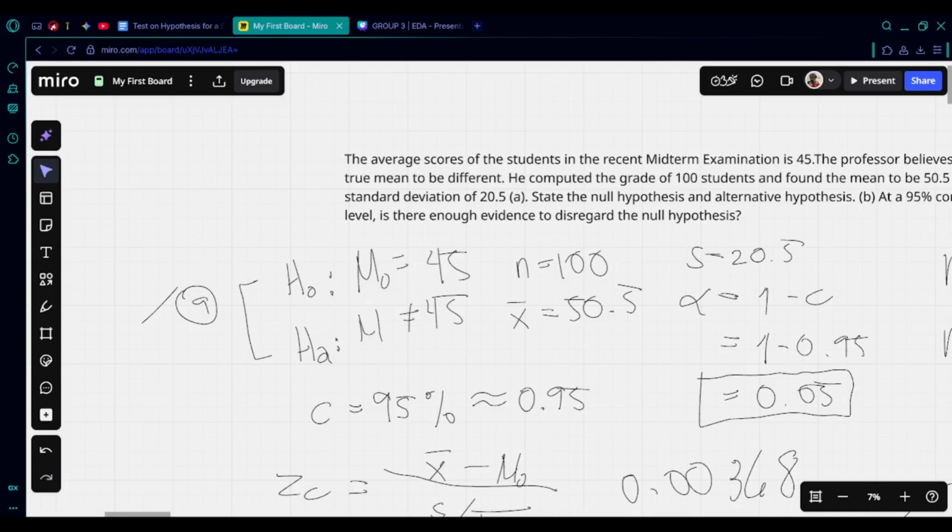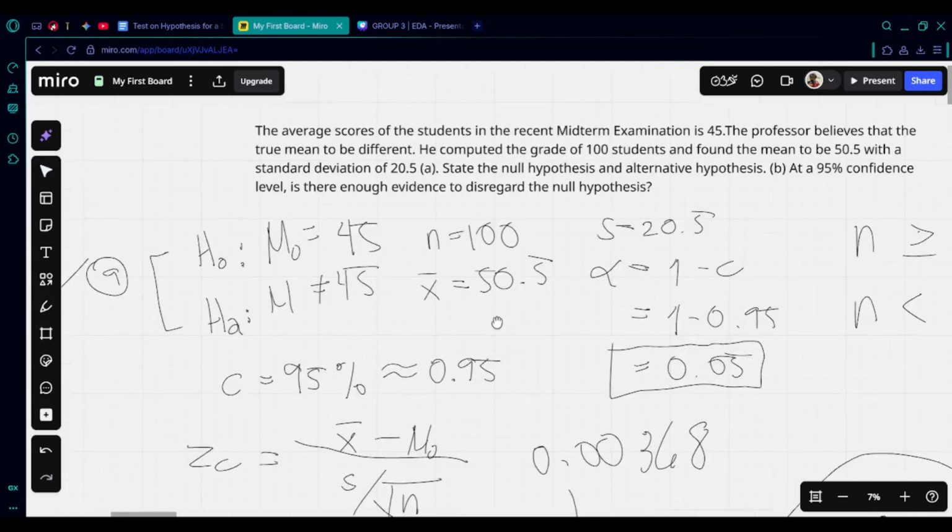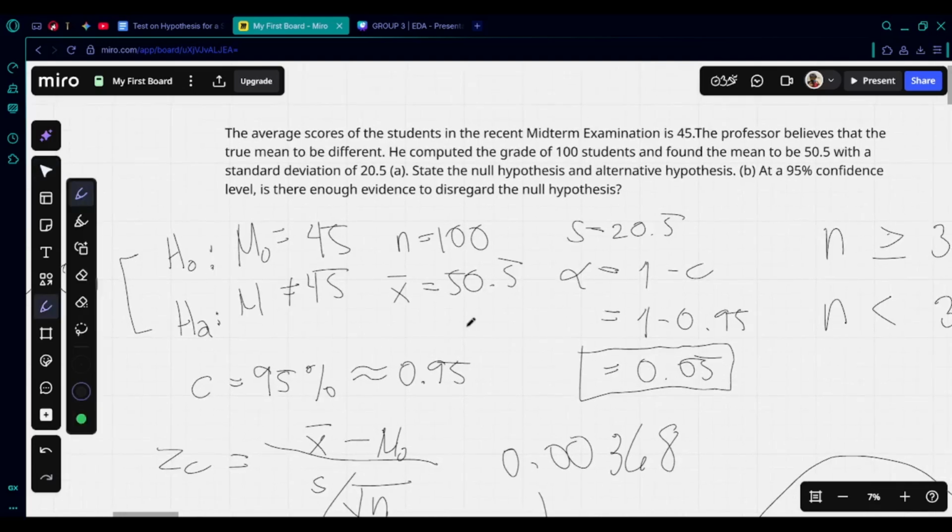So what does it mean? It means that it was proven that the 50.5 average score is true, since we have our alternative hypothesis here, which is not 45. How do we conclude that? Going back to the question of letter V, at a 95% confidence level, is there enough evidence to disregard the null hypothesis?